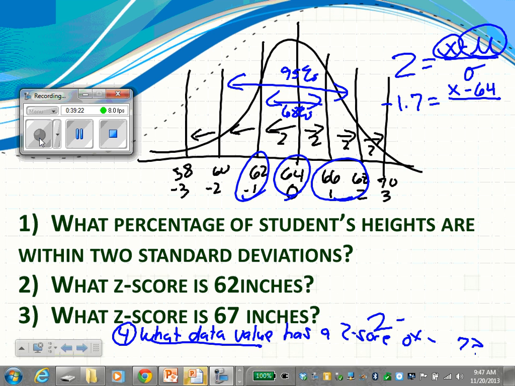Do I know the standard deviation? 2. So I got to solve for x. What would I do to solve for x? I'm going to multiply by 2 first, get rid of my fractions. You're going to go back and follow your rules. Parentheses first, fractions next. When I times 2 by negative 1.7, I get negative 3.4. Okay, the 2's cancel here, and I get x minus 64.